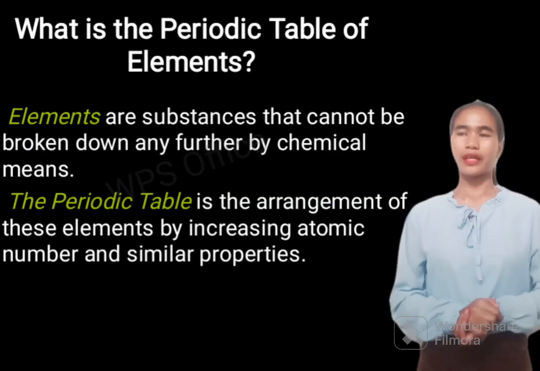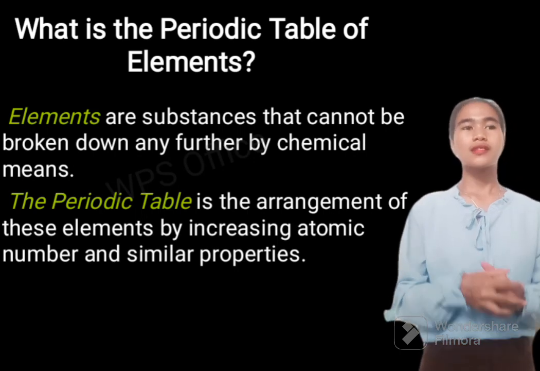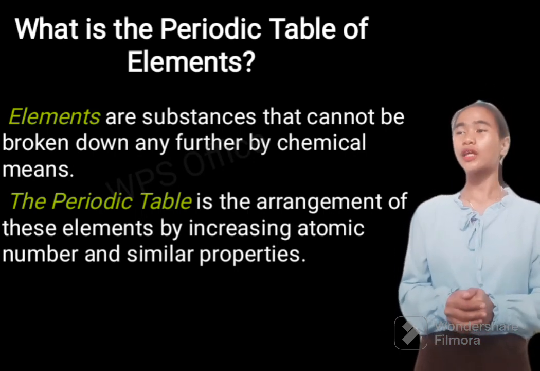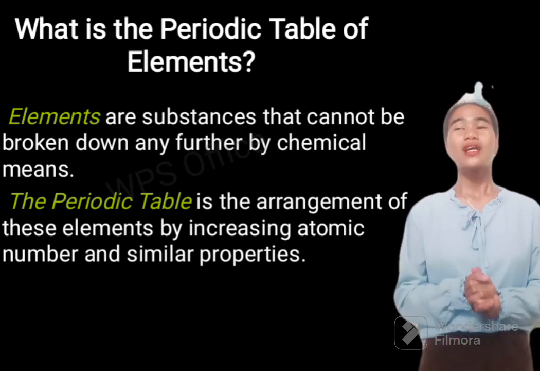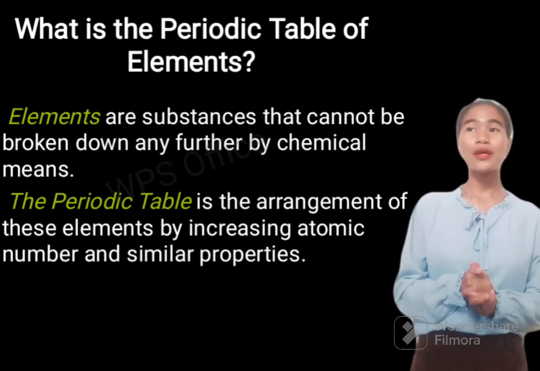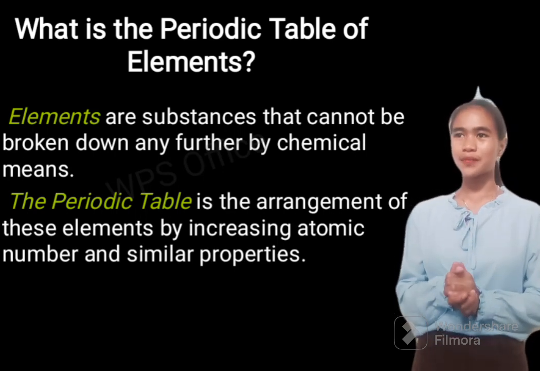So what is the periodic table of elements? Elements, of course, are substances that cannot be broken down any further by chemical means. While the periodic table is the arrangement of elements by increasing atomic number and according to similar properties.